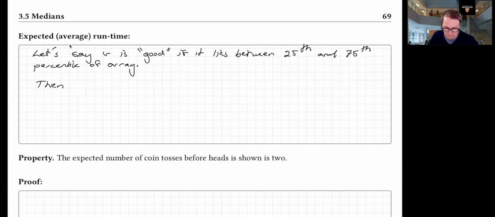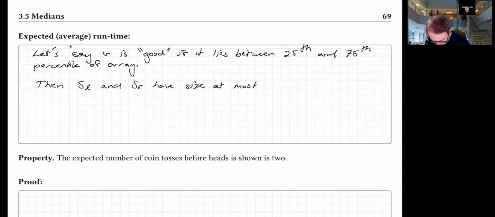Then S left and S right have size at most 3/4 of S, right? So if I got what I'd call a good one, then I know that I shrunk by at least 1/4. I go from length n to now length 3n over 4. Maybe I luck out and I actually get n over 4 because it ends up being in the side that's only 1/4 of the length.